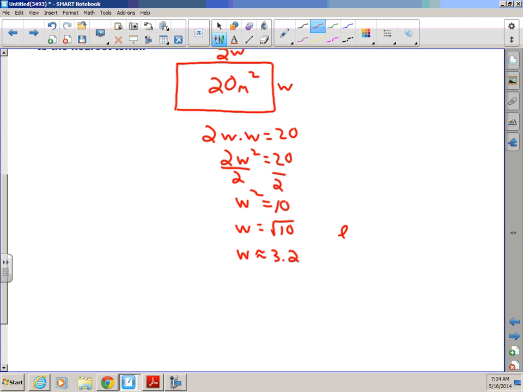The length is twice that, or 2 square root of 10, and the length is approximately 6.3. Okay, so we used our ordering of numbers and our rational and irrational numbers to help us solve some problems today.